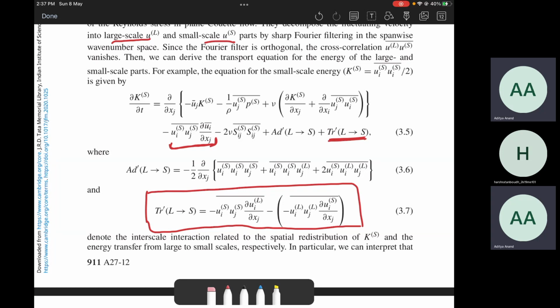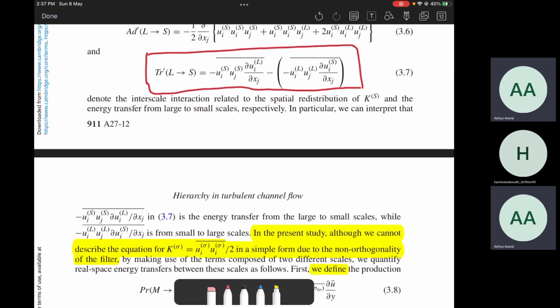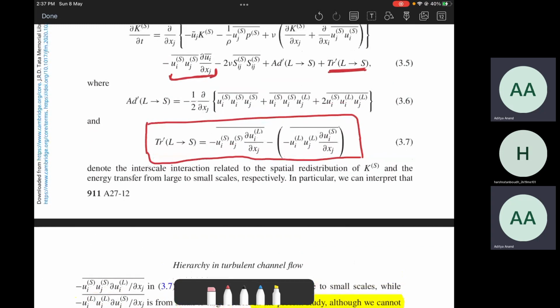These expressions are for low pass filtered velocity fields. However, you will get similar expressions for band pass filtered velocity fields as well. So what this paper has done is it has quantified this transfer of energy from one scale to another using this expression.